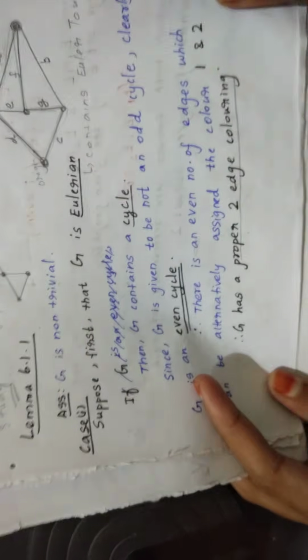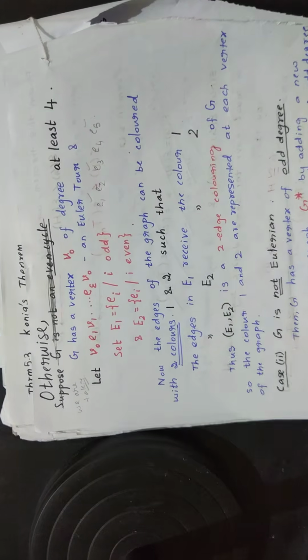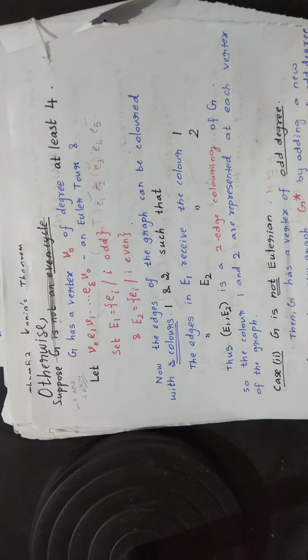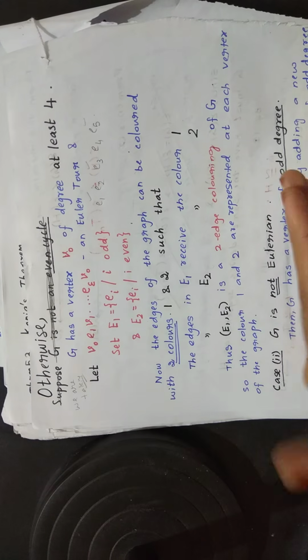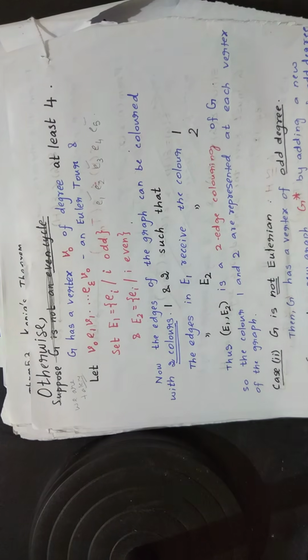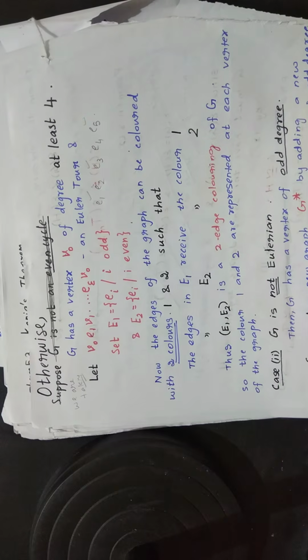Otherwise, G has a vertex V0. If you are not able to color the graph with a proper two-edge coloring, then G will have a vertex V0, and that vertex V0 will have degree at least 4.